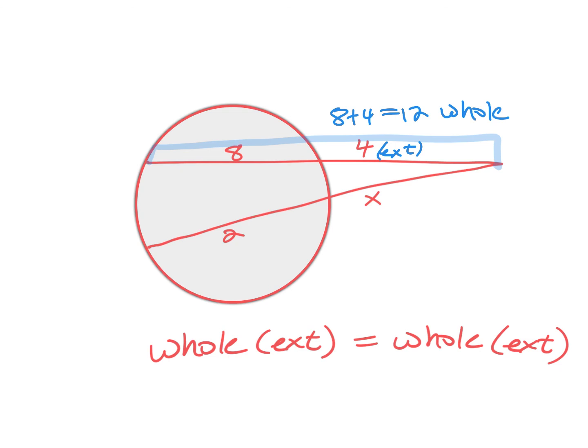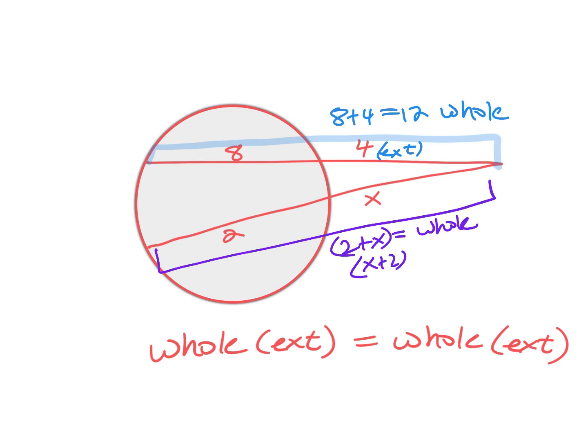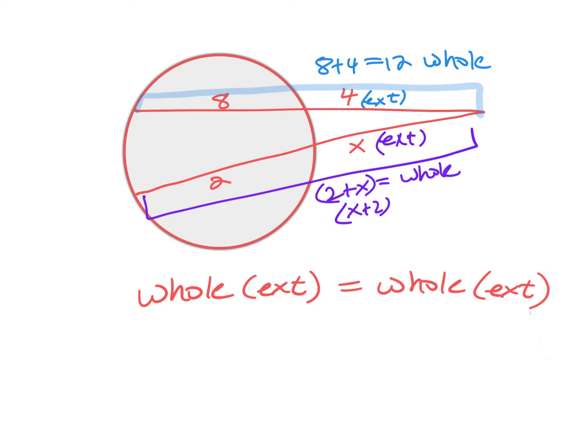For this one, my whole is 2 plus X, or X plus 2 if you want. And then the external is the X. So let's plug it in. So for the blue one, it's going to be 12 times 4 is equal to X plus 2 times X.